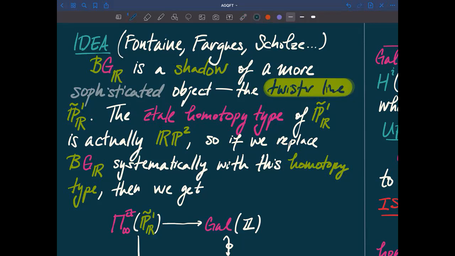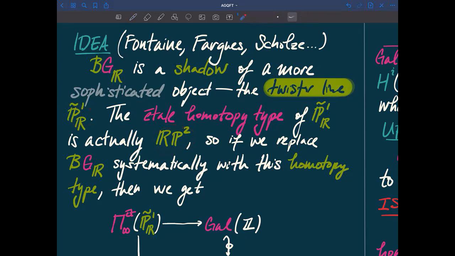What I mean by the twistor line is I'm going to take the Brauer-Severi variety attached to the Hamilton quaternions over R. So this is what you get by taking P1 and you take the operation z goes to -1 over z bar and you descend down to a real algebraic variety.